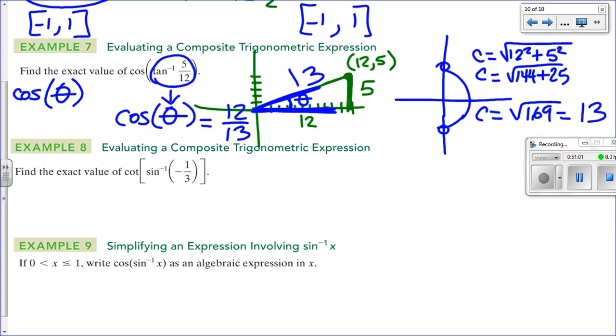We have sine being negative. Where is sine negative, guys? 4 and 3, or 3 and 4. However, sine inverse was defined like this, right? So what are the quadrants that we can use? 4.